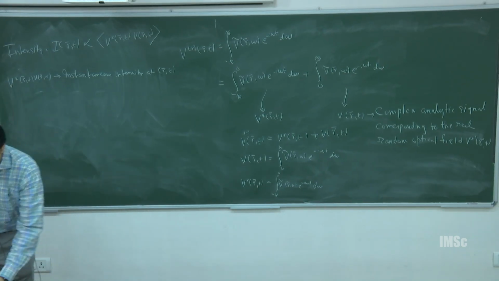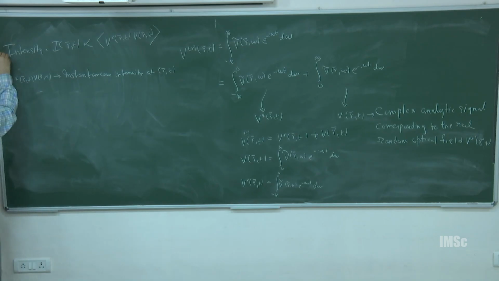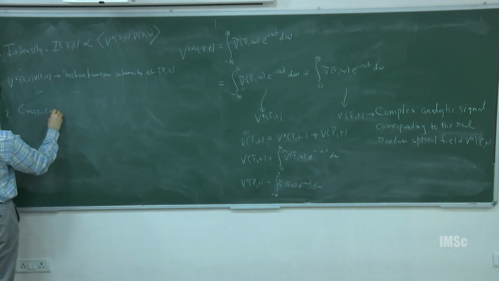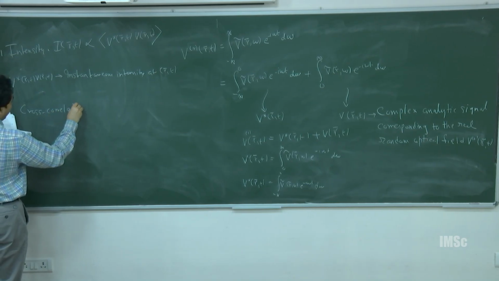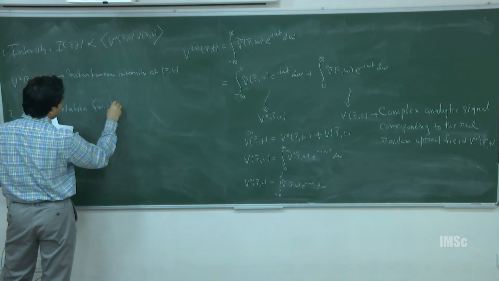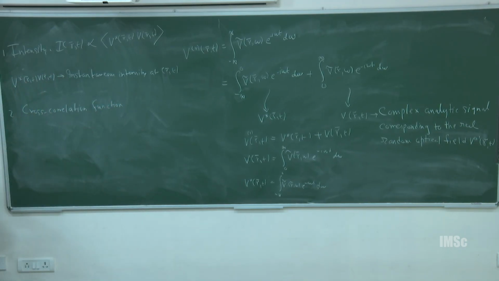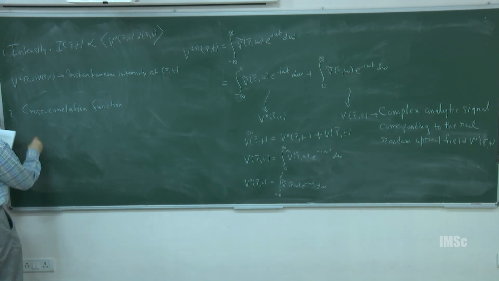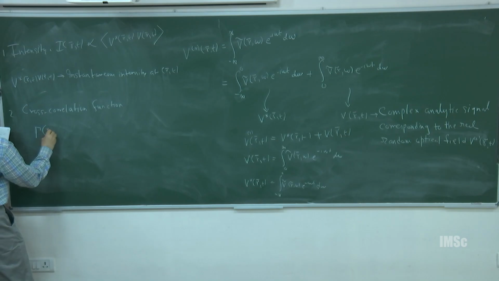Now, the other quantity of interest is cross correlation. This is an extremely important quantity that we will be using again and again in this course. It is denoted by the letter gamma.